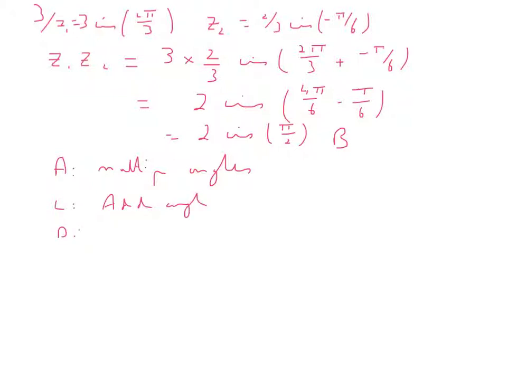For D, that looks like to get 2 over 9, they've divided the r values. So they've done z2 divided by z1. And for E, negative pi squared on 9, it's the same response as A, which means they've multiplied the angle and they've also messed up the r values. So that should be enough.